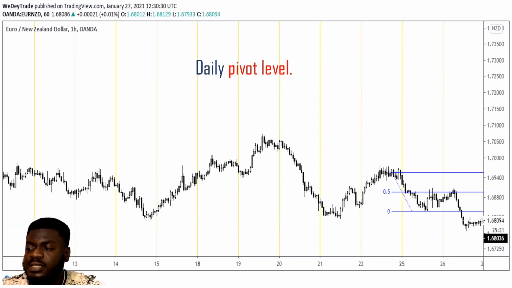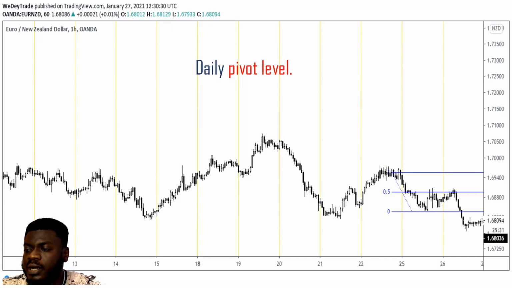Currently, the Euro NZD respected the pivot level, aka the 50% Fibonacci level, to move downwards. So this is sort of like a retracement to the midpoint of the previous period, where the previous period in this example is the previous day.